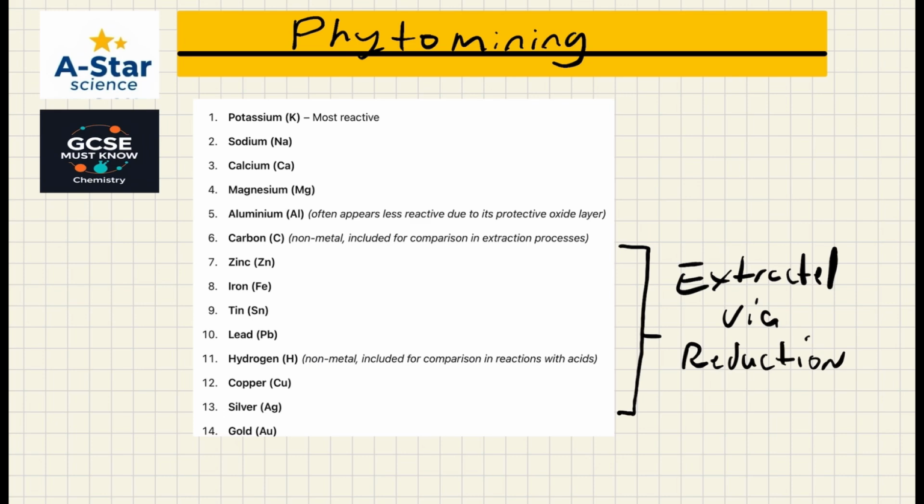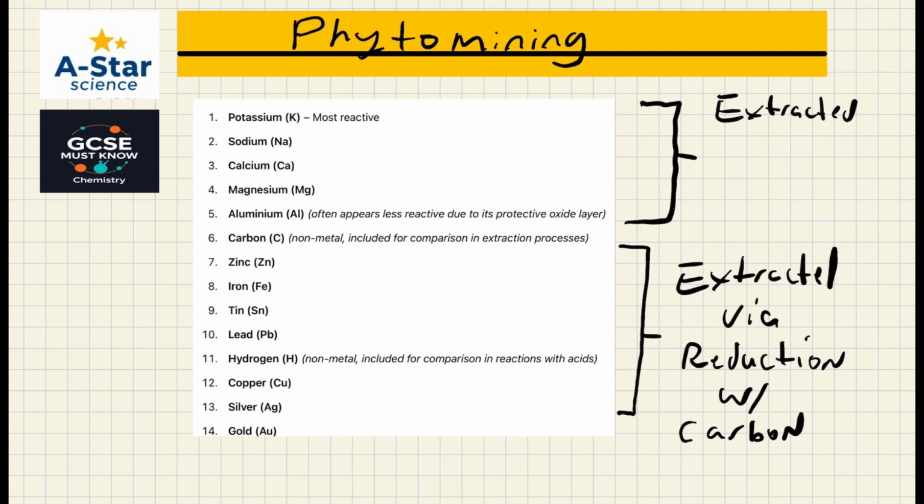Whereas those above carbon, such as aluminium all the way up to potassium, you can extract via electrolysis because they're just too reactive, and so reducing with carbon will not work. But there are other methods of extracting these metals as well, one of which is phytomining, the other is bioleaching, which we're going to talk about in this video right now.